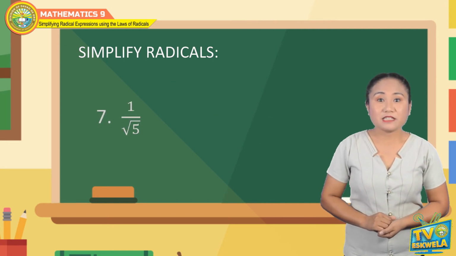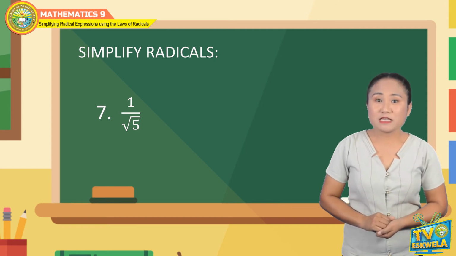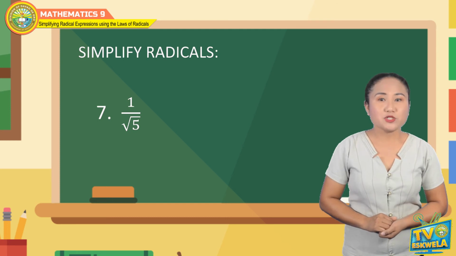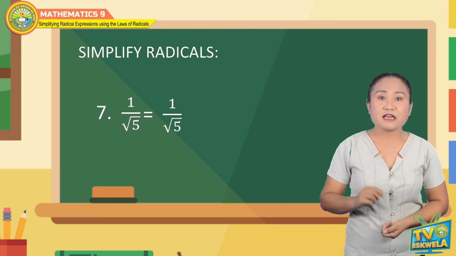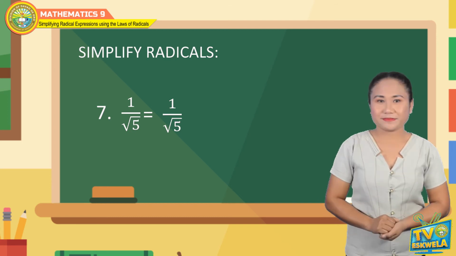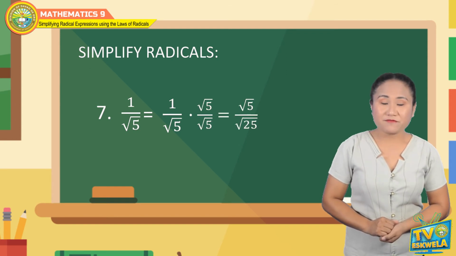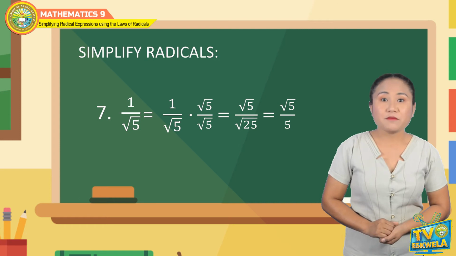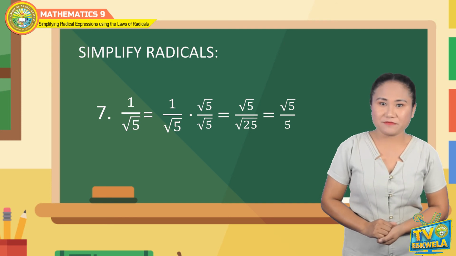Through that, the denominator will become a perfect square. Multiplying square root of 5 on both numerator and denominator is equivalent to multiplying the fraction by 1. Therefore, there will be no changes in the value. So, 1 over square root of 5 multiplied by square root of 5 over square root of 5 becomes square root of 5 over square root of 25.